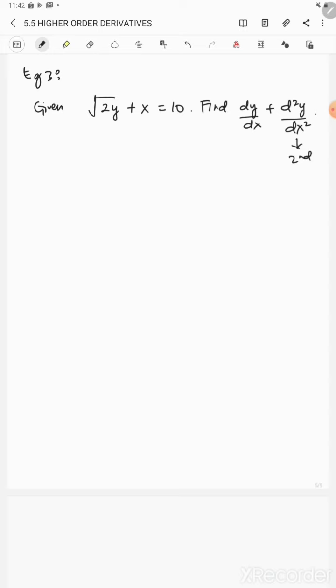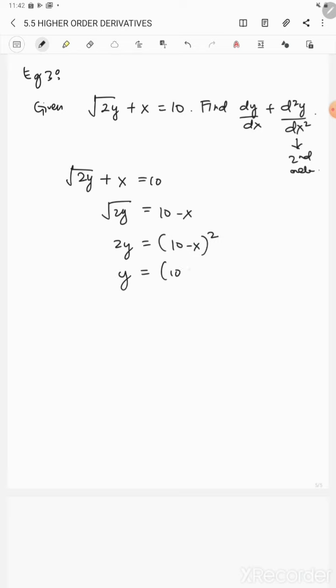We have square root of (2y plus x) equal to 10, and you have to make y the subject. So we bring x to the right hand side: 10 minus x. Square root, so there will be a square. Then y equals (10 minus x) squared divided by 2.